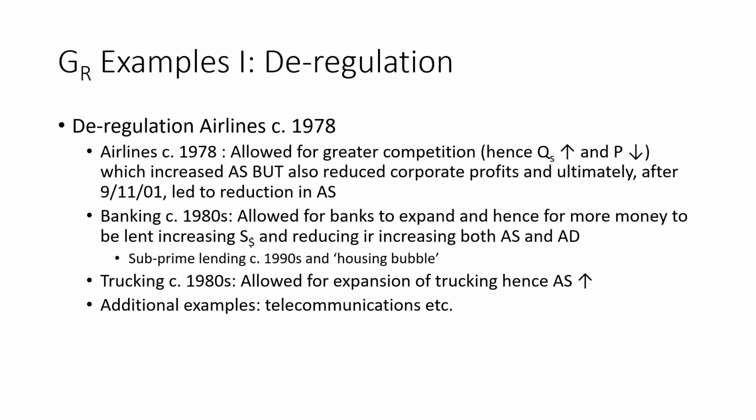Well, what did we see in microeconomics? The deregulation of the industry allowed greater competition. Greater competition pushes the aggregate supply curve outward, which reduces prices, and that reduces profits.